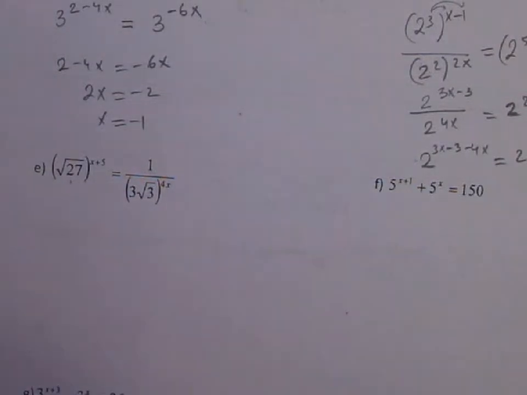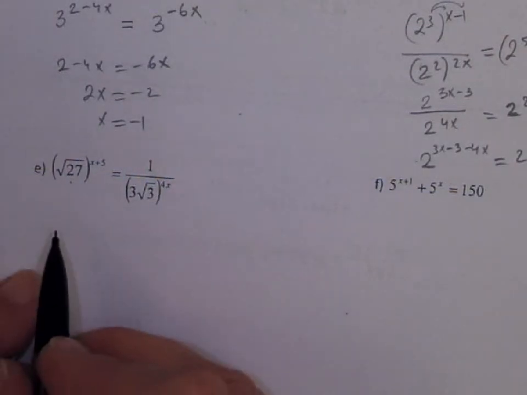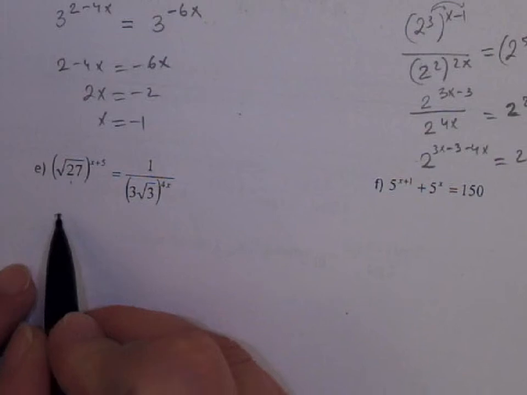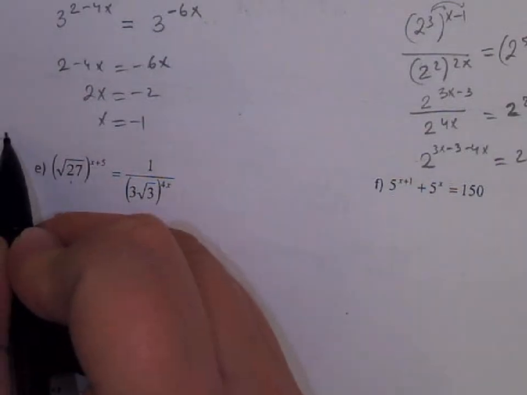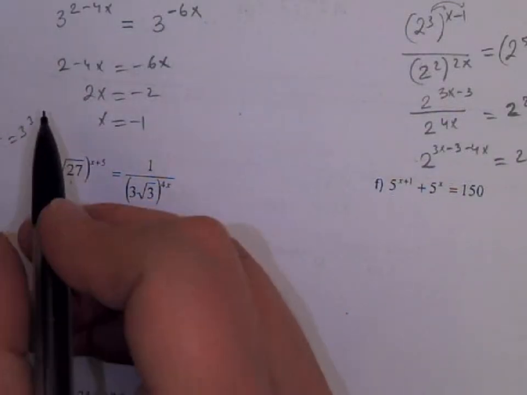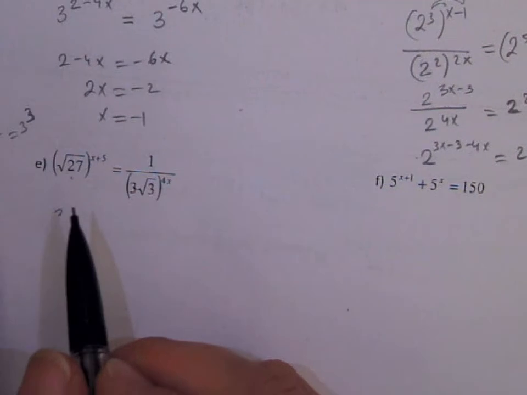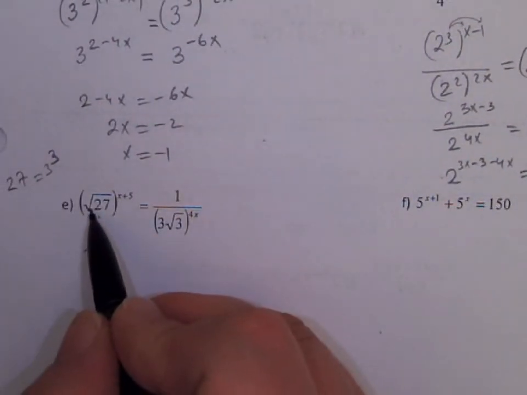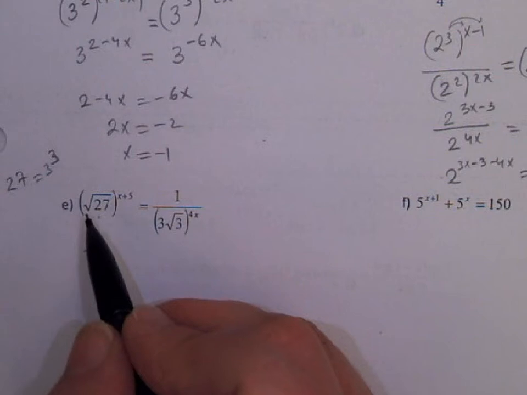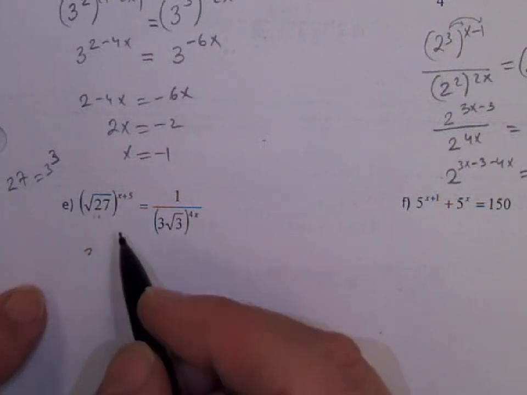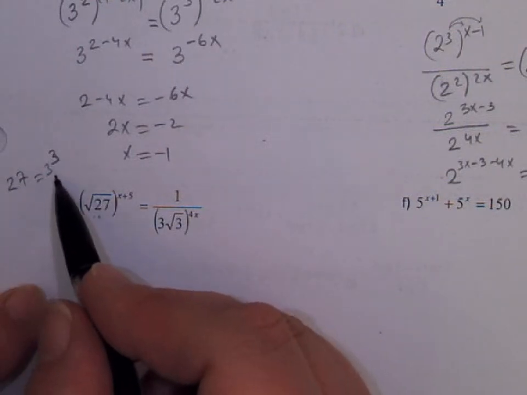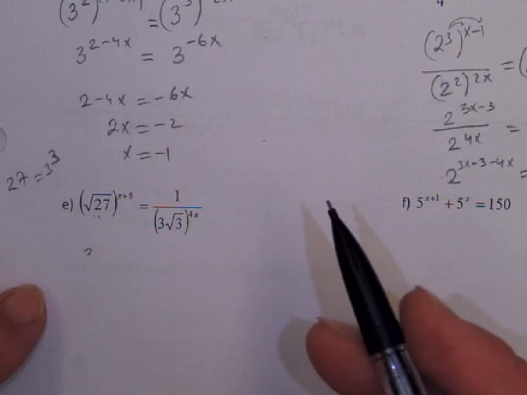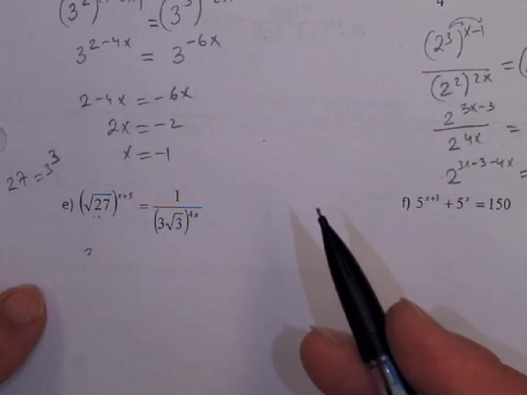So square root of 27. 27 is 3 cubed. Okay. But then you have to take the square root of it. So that gives you 1 over 2 as a rational exponent.